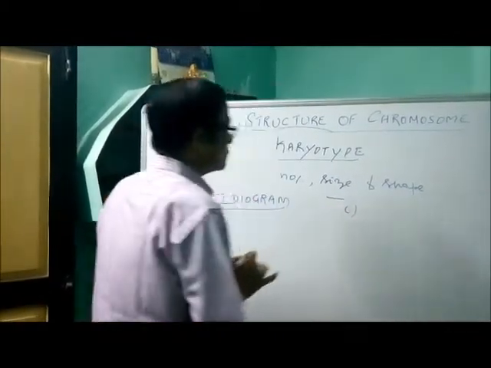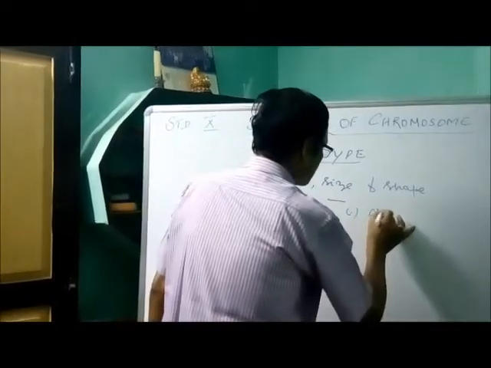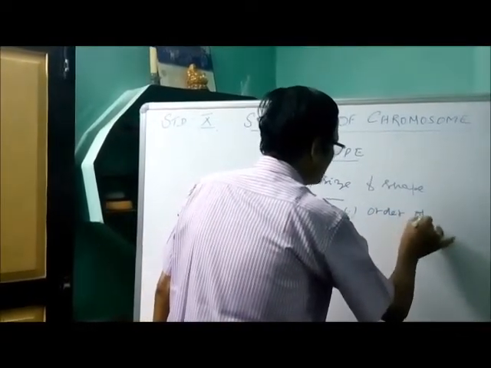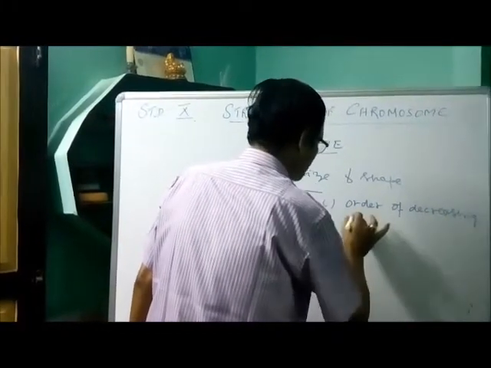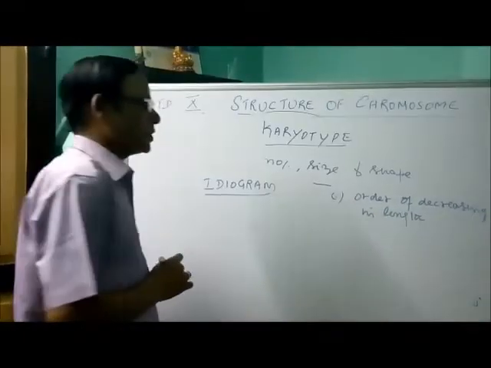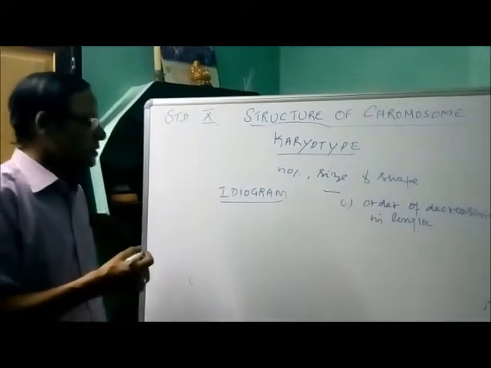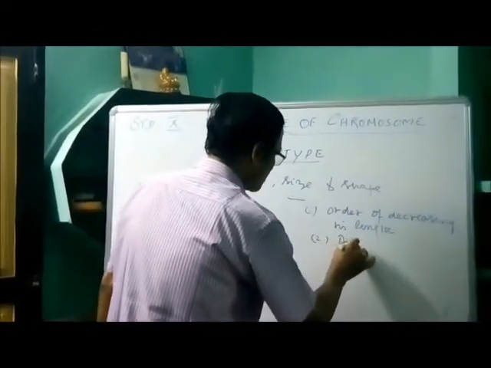What are the criteria used for making a karyotype? 1. Order of decreasing length. The chromosomes are arranged in order of decreasing length. 2. The thickness of the chromosome. 3.